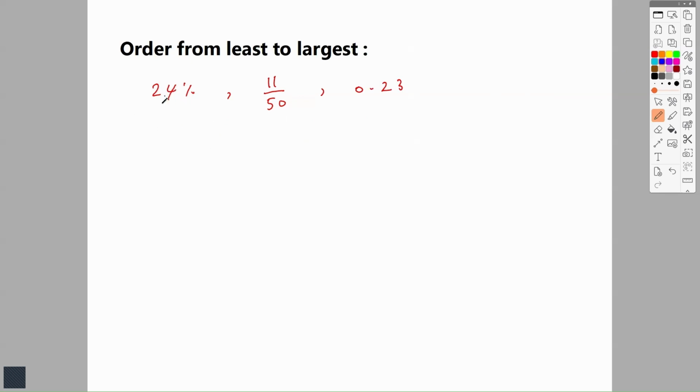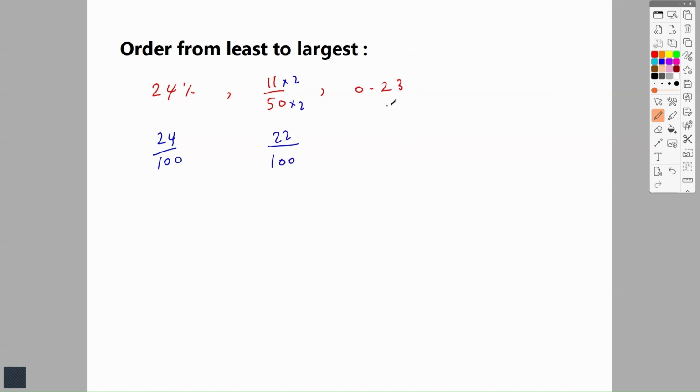So let's write 24% as 24 over 100. We have to do the same thing with this fraction. Let's multiply this by 2 and here by 2, just to make this denominator 100. So we have 11 times 2, 22, divided by 100.